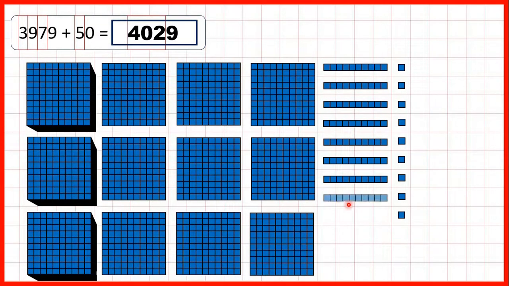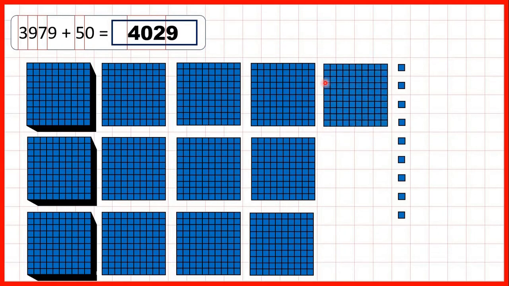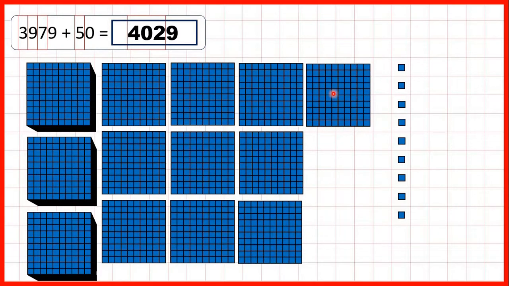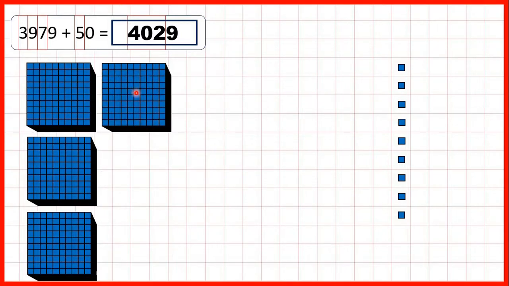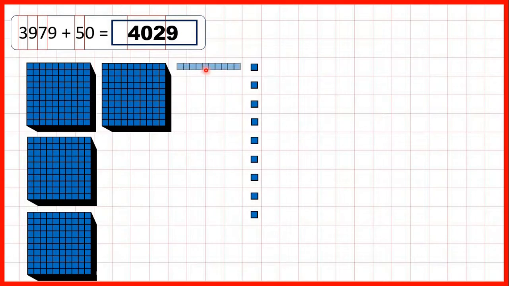We can add 1, 2, 3 tens, exchange again because 10 hundreds make 1 extra 1,000, and then we can add our 4th and 5th 10 so that we've added 5 tens altogether. Now you can see that we've made an extra 1,000. We now don't have any hundreds because we exchanged those for the extra 1,000, and we have 2 tens.